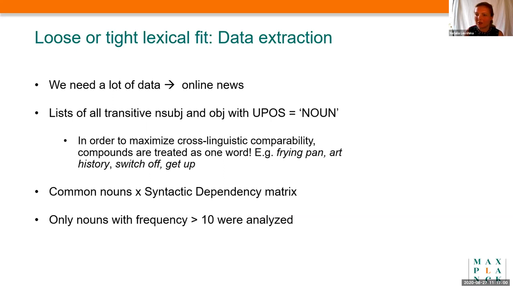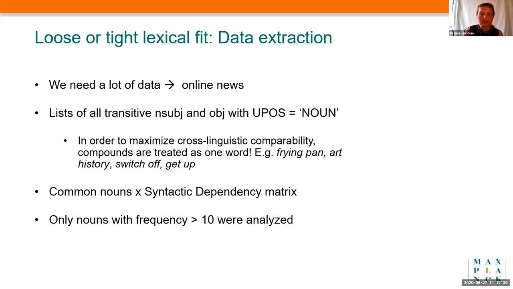So I used the online UD search for this to extract this information, and I made lists of all transitive subjects and objects with common nouns. I also treated compounds as one word in order to maximize cross-linguistic comparability.